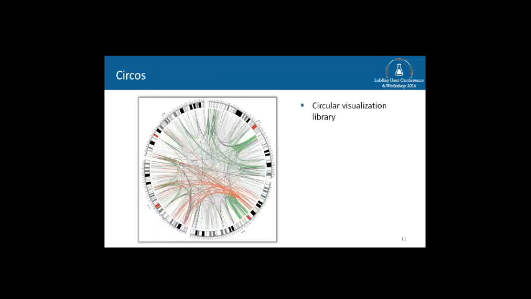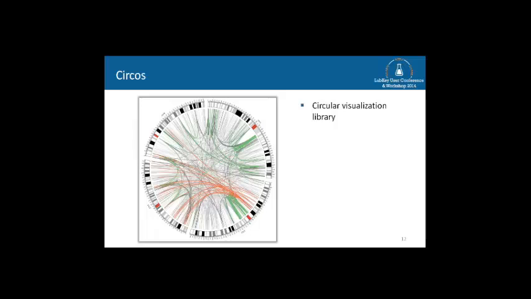Okay, so the next case study is using Circos. So Circos, if you haven't heard about it, it is a circular visualization library. Circular visualizations are fairly interesting. A lot of times when you have a linear visualization, it's harder to establish relationships between the x-axis values.